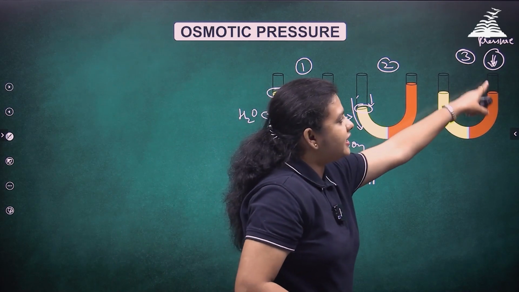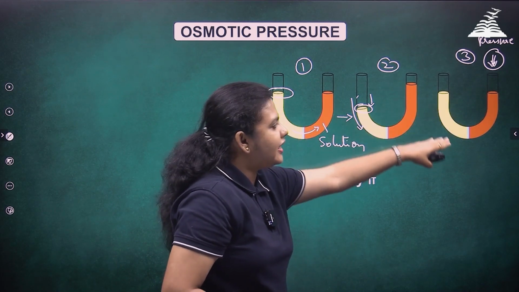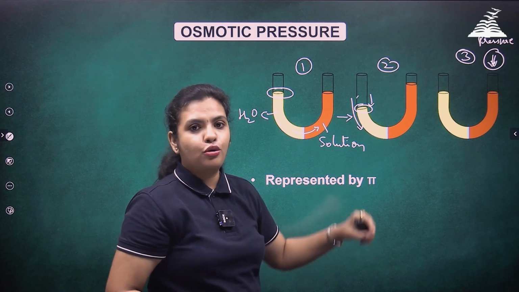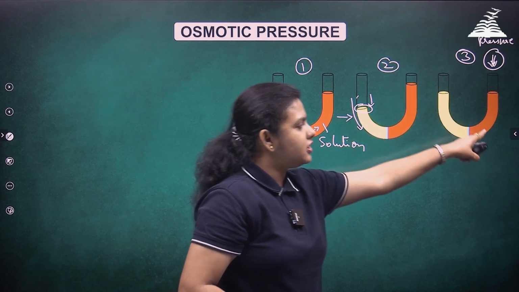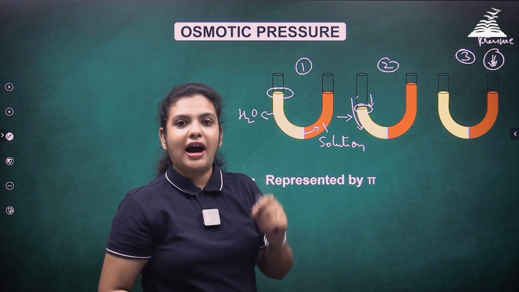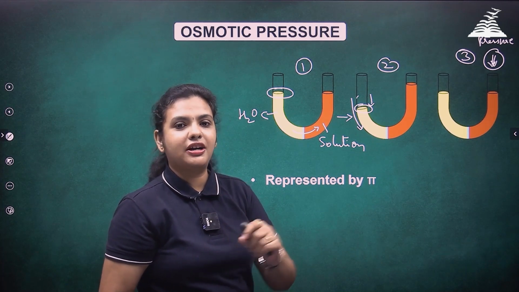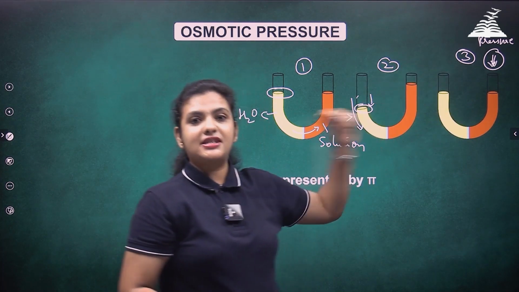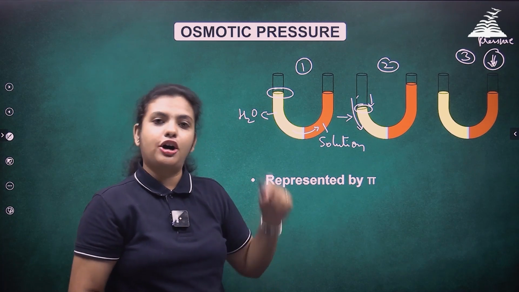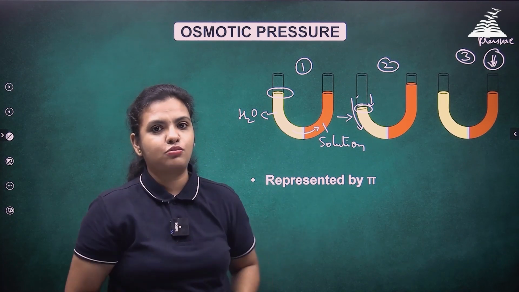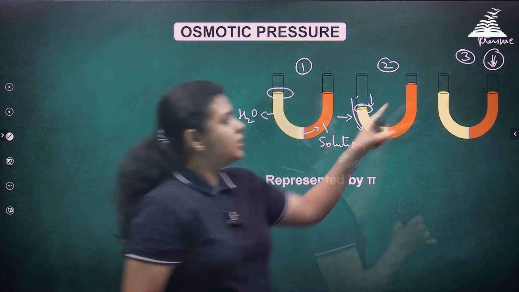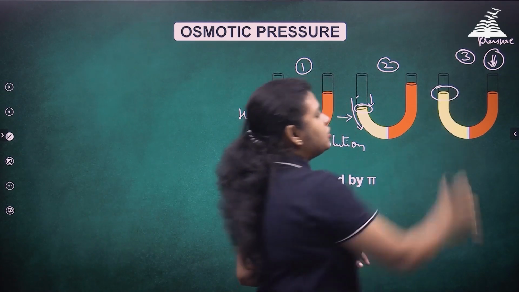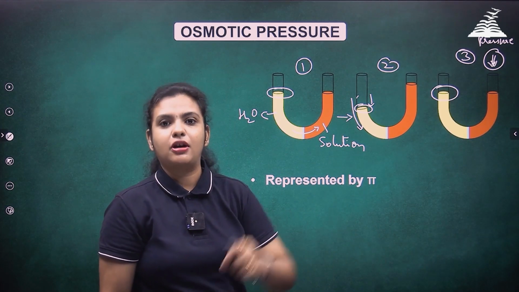This pressure that I gave here did not allow water molecules to move from higher concentration to lower concentration. As a result, what has happened? The pressure has inhibited the process of osmosis. That is osmotic pressure. What happened? The level of water molecules remains the same.